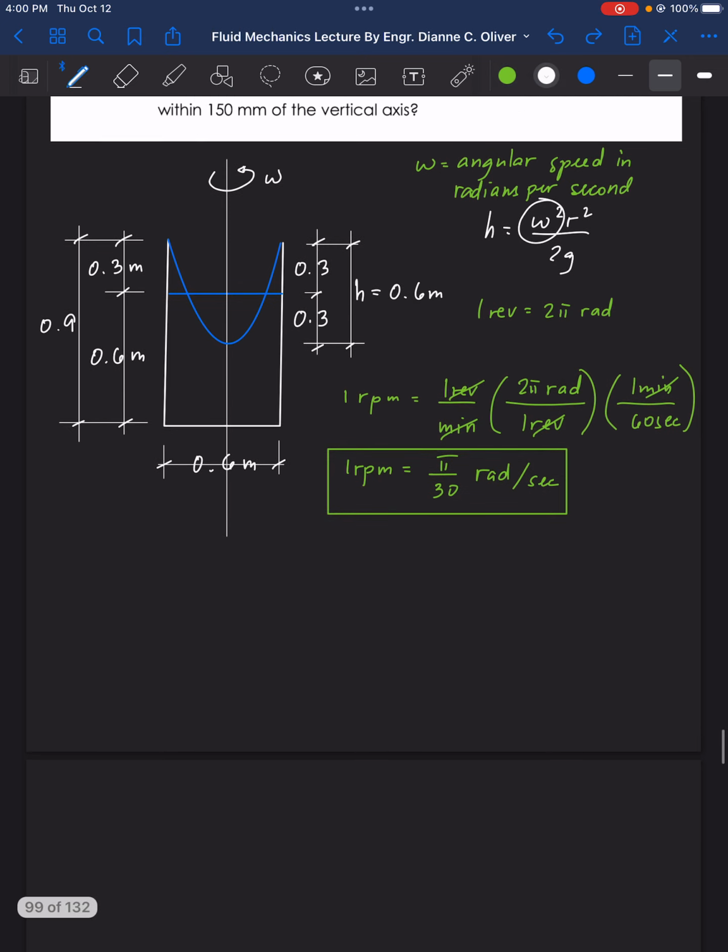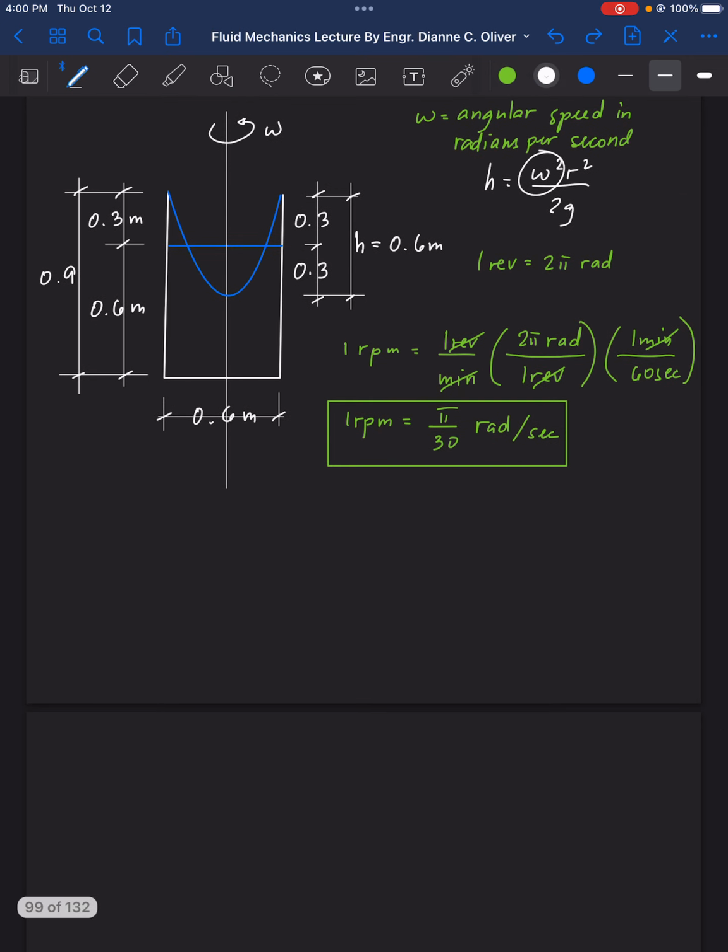So going back to the problem for letter A. H is equal to omega squared r squared over 2g. So given a height of the paraboloid as 0.6, so that is 0.6 equals omega squared.